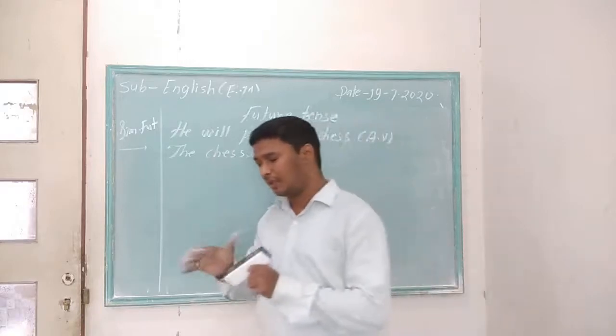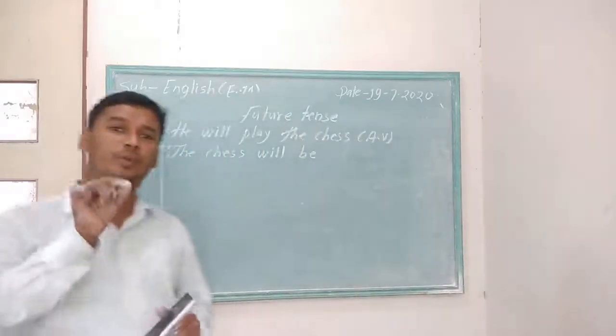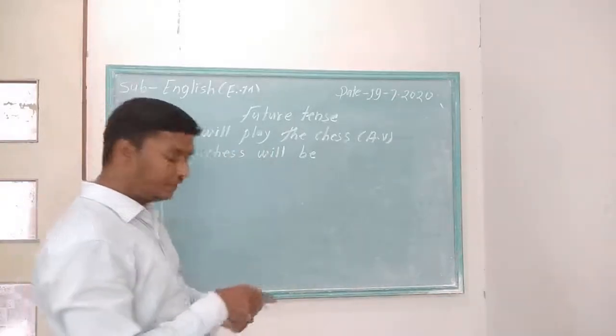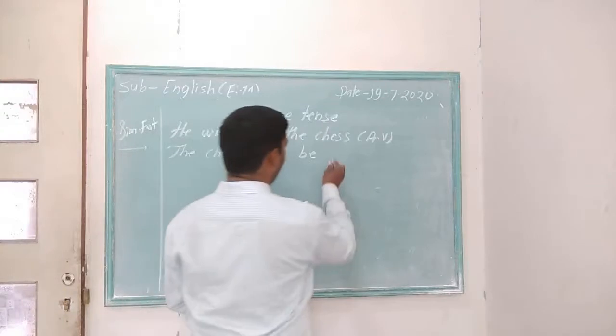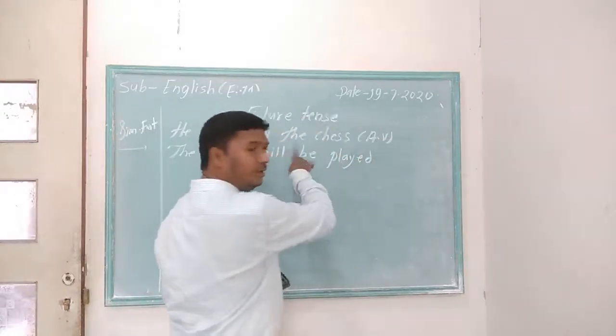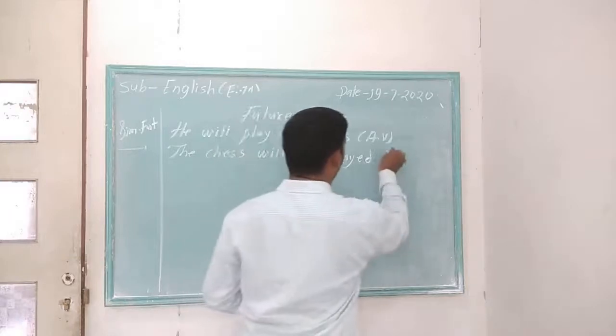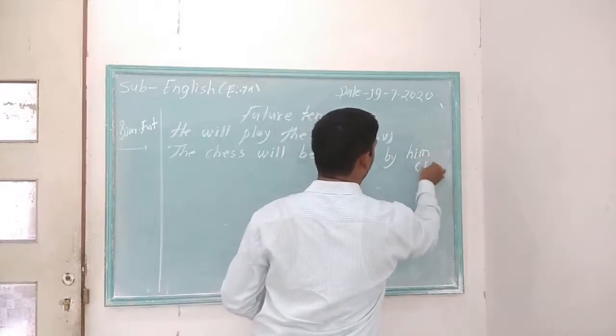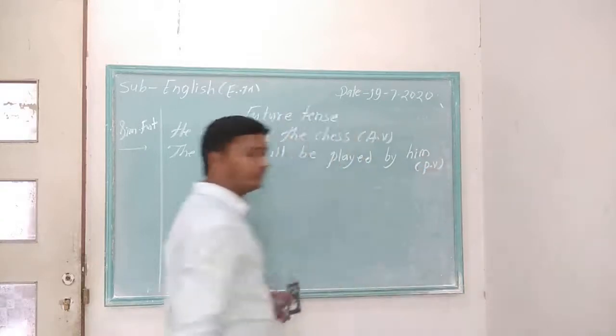So after will or shall, take the modal auxiliary be. The chess will be. Then change play into played. Then put by. Then change he into him. It's passive voice.